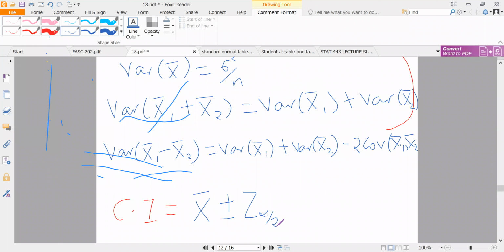Alpha over 2 is because of the 2 tails. And then we multiply this by sigma over root n.